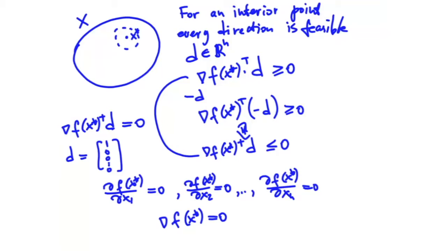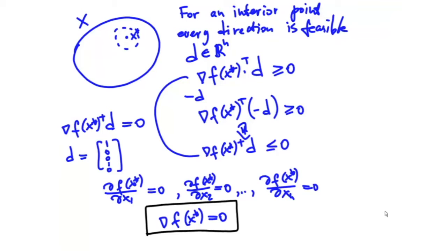Now, this looks like something that we have seen before for one-dimensional problems. This is the same as saying that if a point is a local minimizer, then the derivative of f at this point must be equal to 0. Now this is for an interior point.